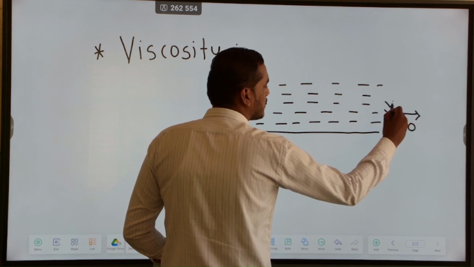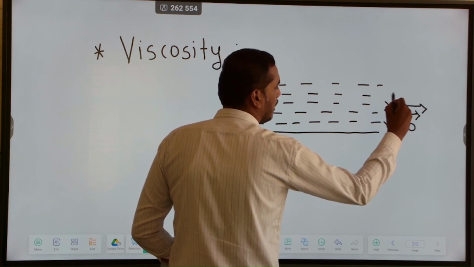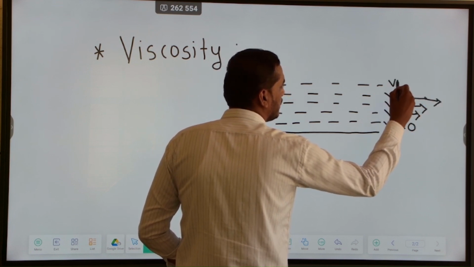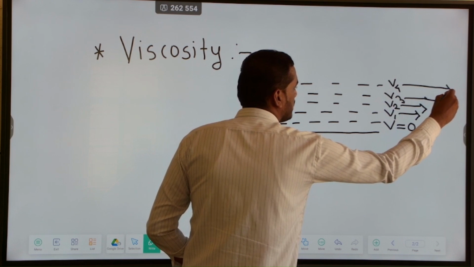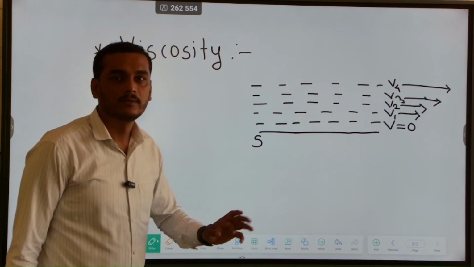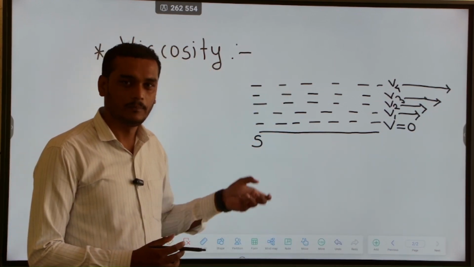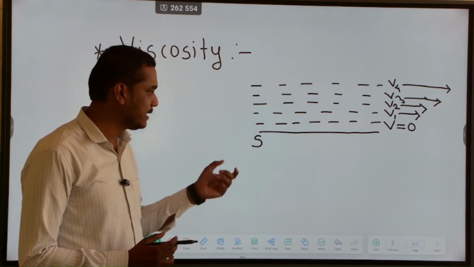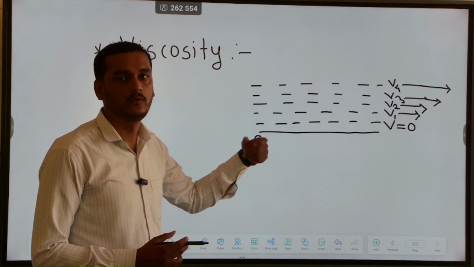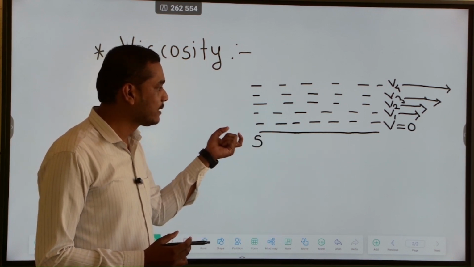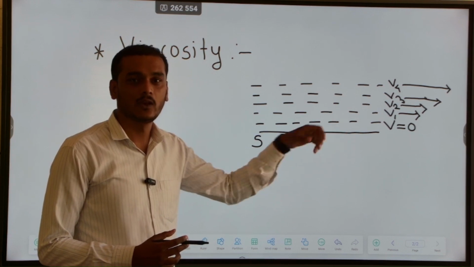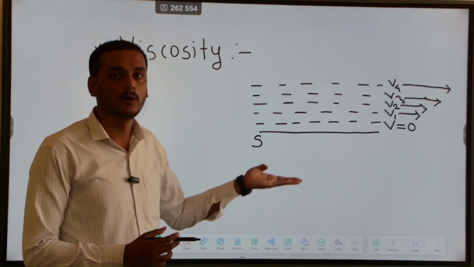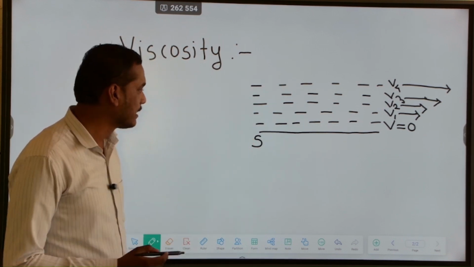The layer above has velocity v2, which is a little bit extra, then v3, and lastly the topmost layer has velocity v4, which is the maximum velocity of all this fluid. So we have considered a plane surface above which fluid is flowing. The bottom layer has velocity 0, and as we move from bottom to the top, the velocity of the different layers increases.